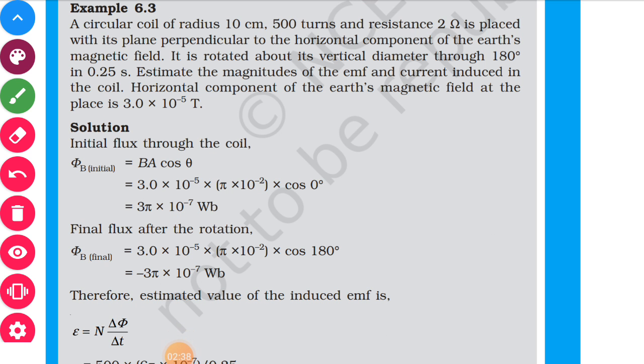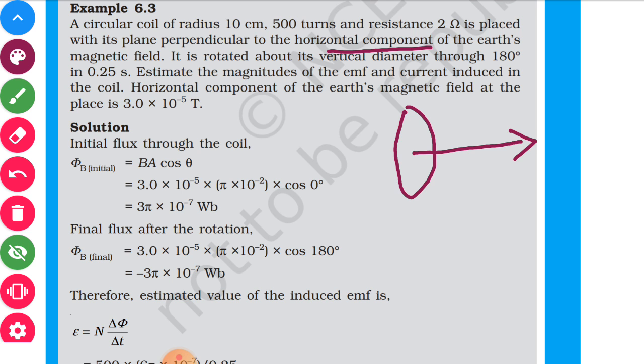Now example number 6.3. A circular coil of radius 10 cm, 500 turns and resistance 2 ohm is placed with its plane perpendicular to the horizontal component of the Earth's magnetic field. Say for example the coil is kept this way, and the plane is kept this way, that is, the area vector is like this.